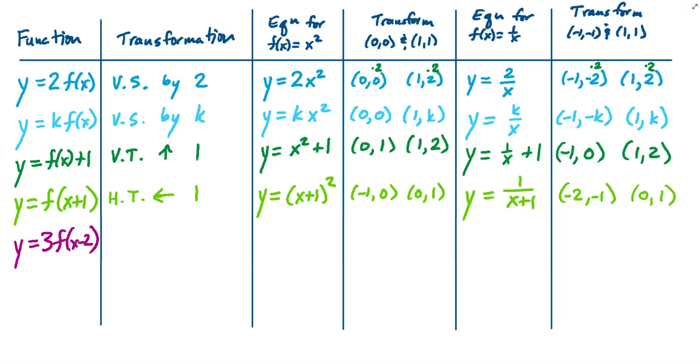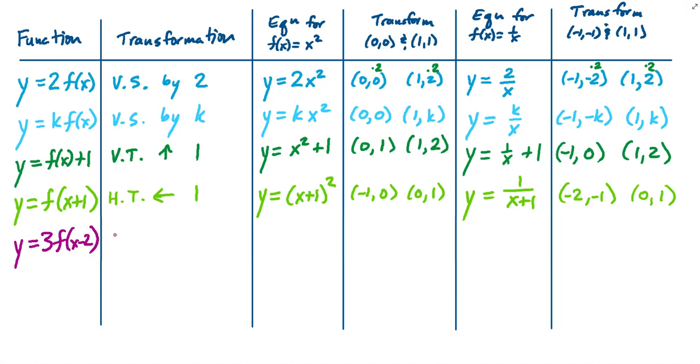We have an x minus 2 in our input, which means we're shifting right by 2 horizontally. And then we're also taking the output of our function f and multiplying that by 3. That impacts the y. It stretches the y by a factor of 3.